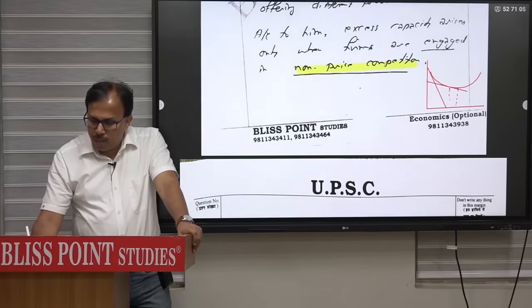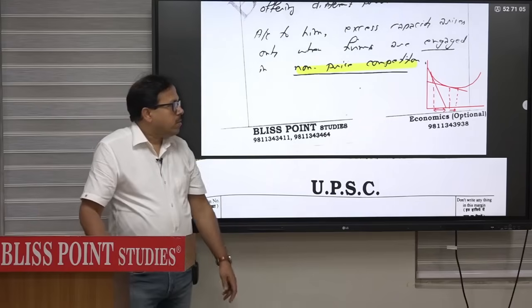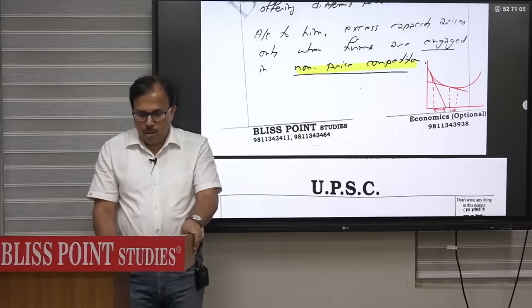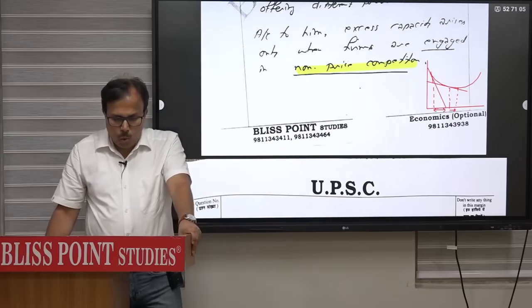So this point can be considered as the social cost and this point can be considered as excess capacity. ठीक है, जैसे उस डायग्राम के अंदर बने तो ये you can add that. So this was question number 2.